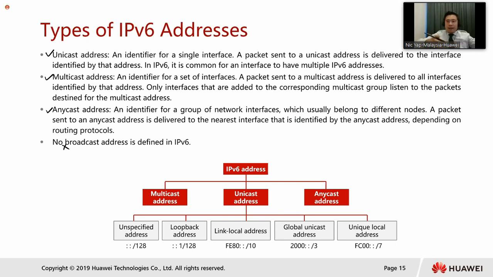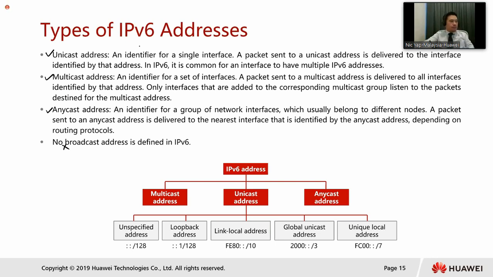That is how they solve the problem I mentioned on IPv4: every time you go to a LAN environment, you have a broadcast environment already, so you get broadcast storms and link flapping. Using IPv6, that can be avoided because no loop will happen and no broadcast message is allowed in an IPv6 environment.